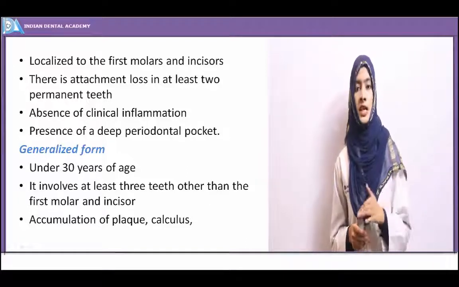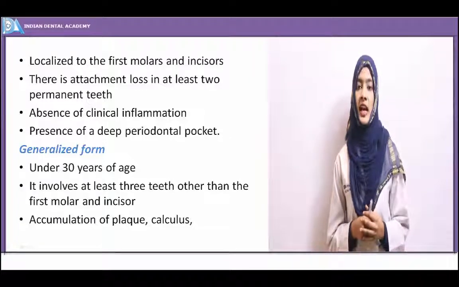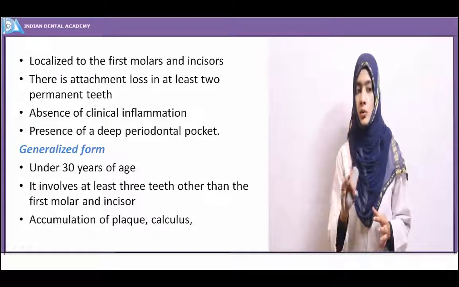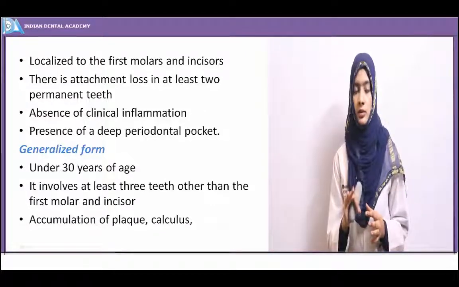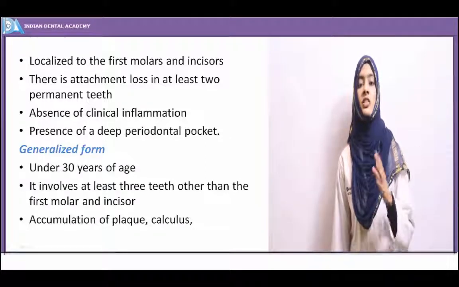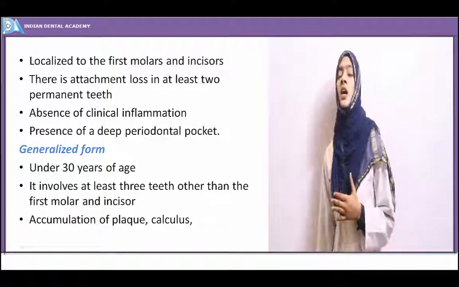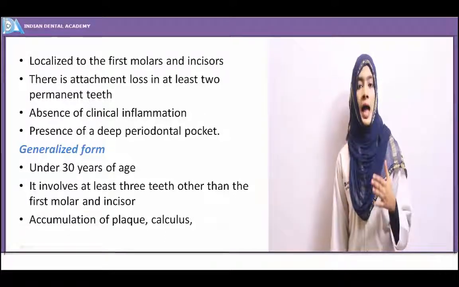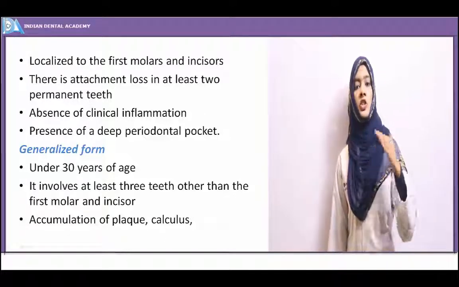Whereas the generalized form involves loss of attachment of two or more teeth, basically three teeth other than the incisors and molars. The generalized form of aggressive periodontitis is usually seen under 30 years of age, in middle-aged individuals, and is associated with accumulation of plaque and calculus.